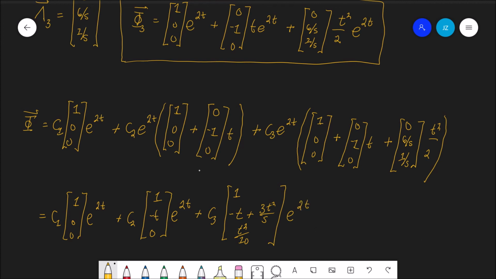Now, all I did to get this vector was I added these two, and all I did to get this was I added these three.